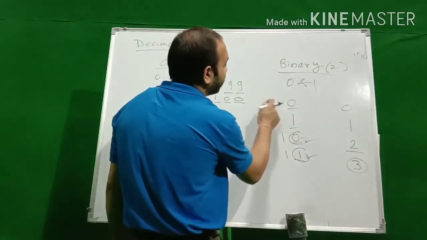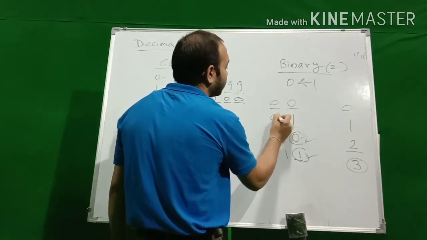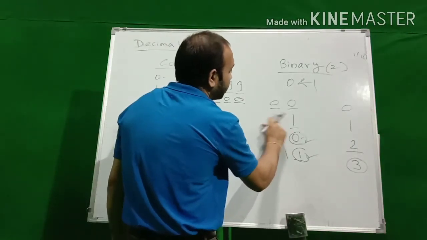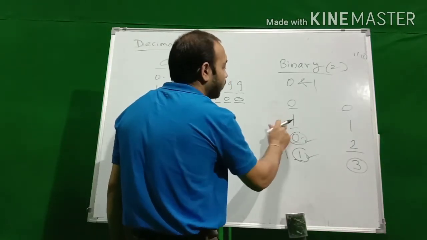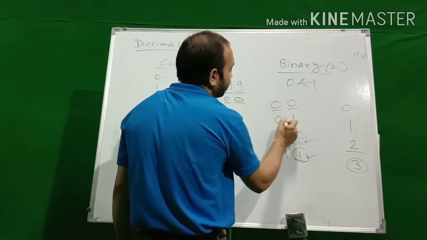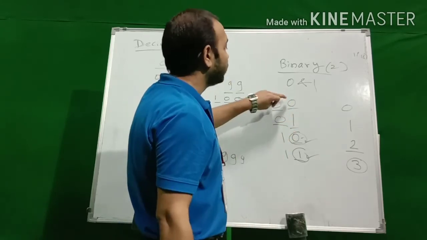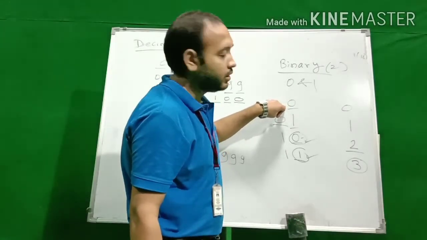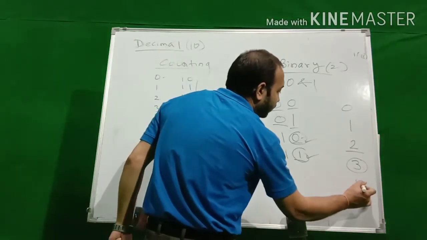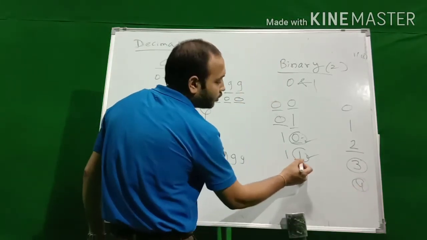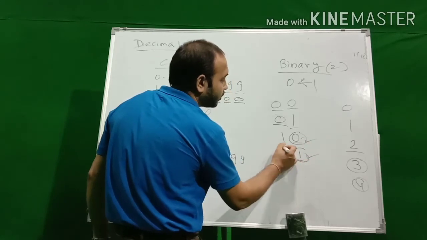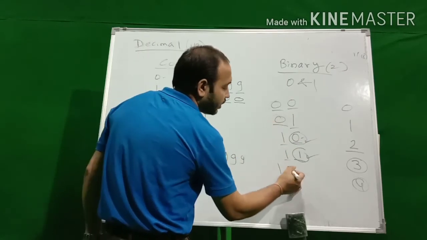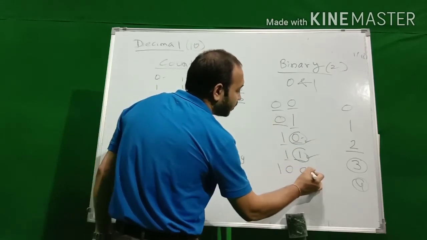I can write here also 0 0, no meaning, but you can write, but it will have no value. For understanding you can see. If you add or write 0 before this number, there will be no change to this number. So if I want to write 4, same, now I have used both positions, so again we have to shift to the third position, so 1 0 0.